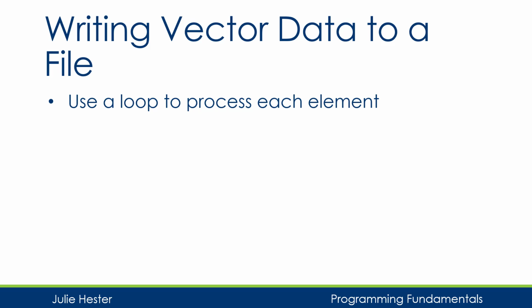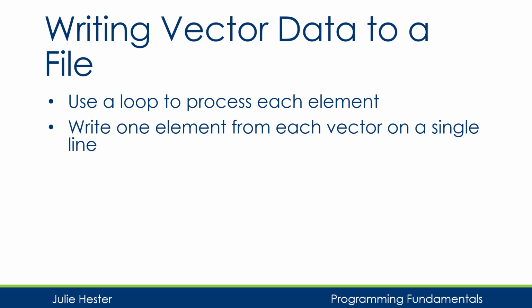Sometimes we're working with groups of data, like with vectors. So if I have multiple items or multiple records, I'm going to use a loop to process each element in the vectors. So I'm going to write 1 element from each vector on a single line.